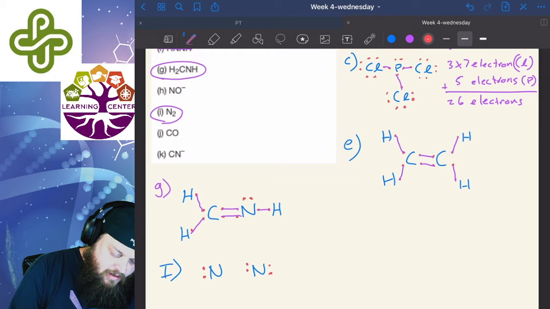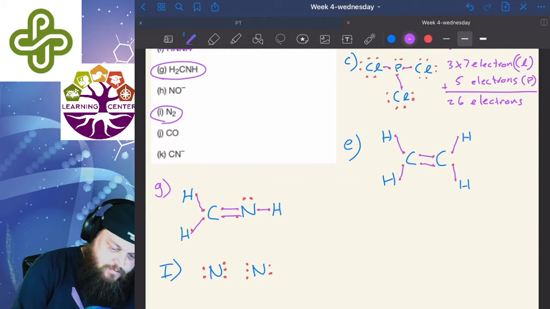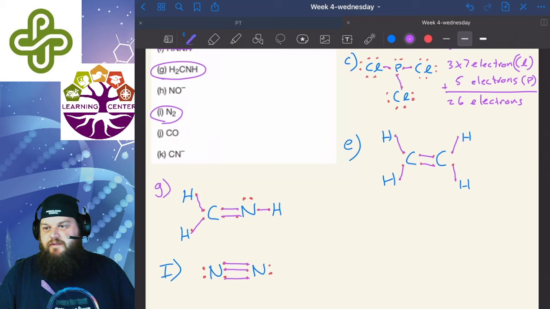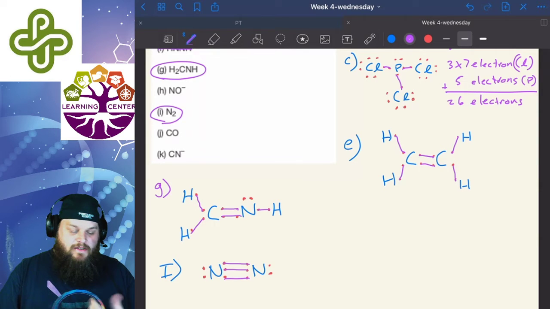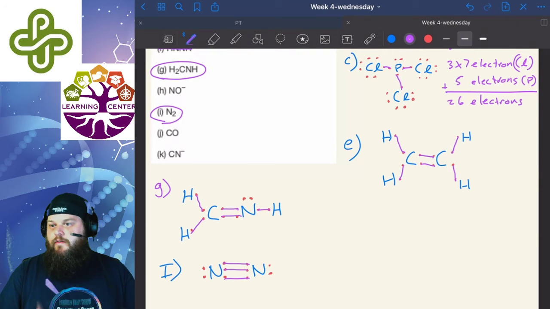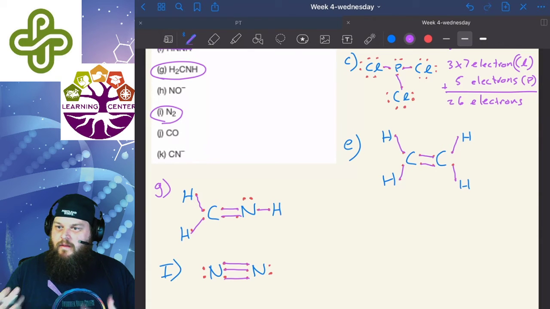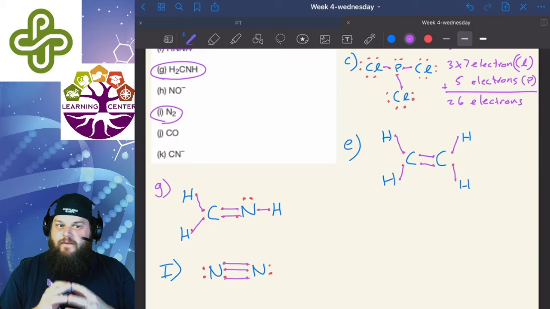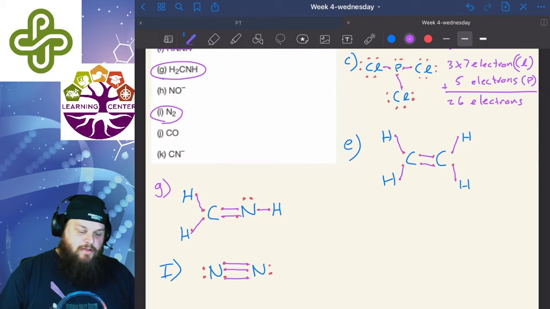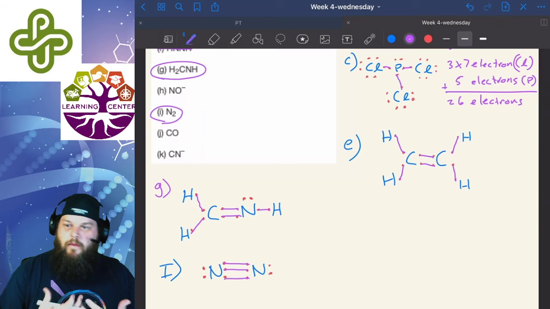So really, we'll put the other 3 in the middle. And then we can form a sigma bond and 2 pi bonds between those 2 nitrogens. And we can see now that nitrogen really wants to have 3 bonds and a lone pair, because that satisfies its octet, and it's based on the fact that it has 5 valence electrons in its shell. So when it's bonded to another nitrogen, it's going to create this triple bond between them.